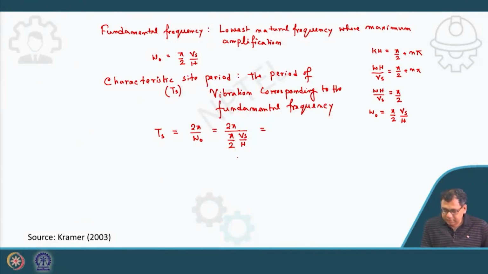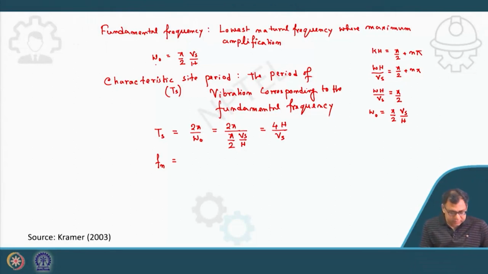So pi will cancel, and this will be 4h by Vs. Here omega 0 is the angular frequency.